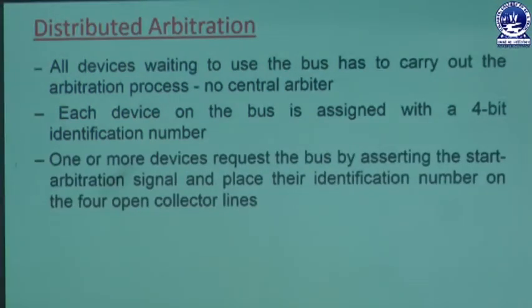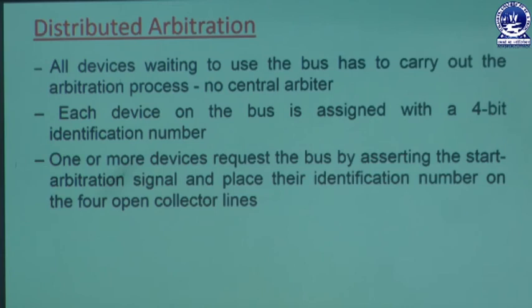One or more devices request the bus by asserting the start arbitration signal and placing their identification number on the 4 open collector lines. So each device is connected to 4 open collector lines, like I have discussed, open collector lines meaning the busy lines.